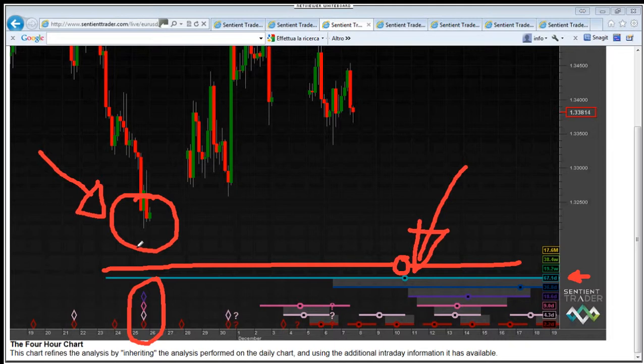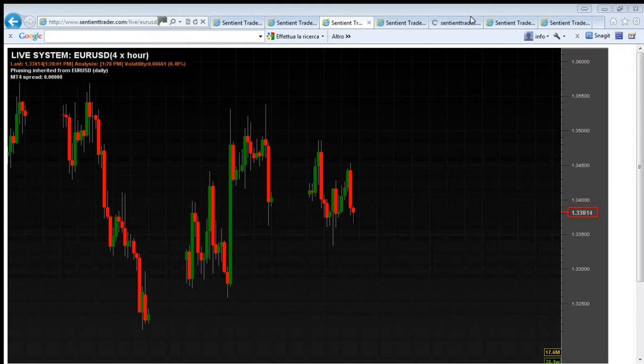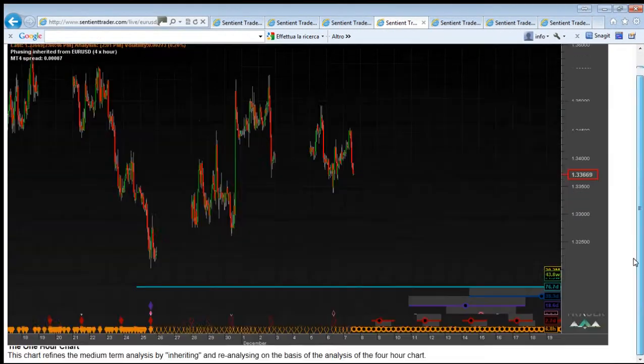It doesn't mean that this is definitely not the trough of the 80-day cycle, but the resolution of the shorter cycles isn't as satisfactory if you consider this to be the 80-day cycle trough. So Sentient Trader is currently considering this to be a trough of the 20-day cycle on the 25th of November.